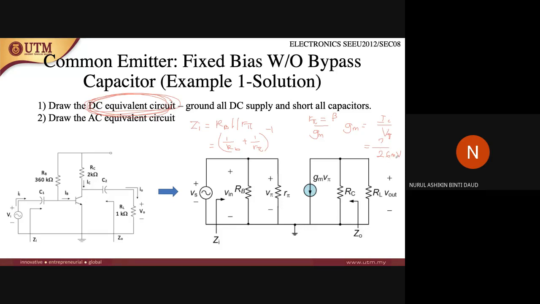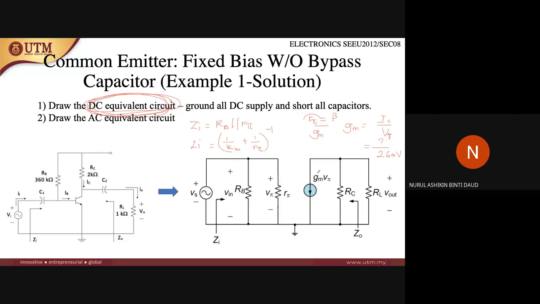Then divide beta by this value and you will get the value of R pi. Once you get the value of R pi, put it inside this formula and you will get the value of the input impedance.